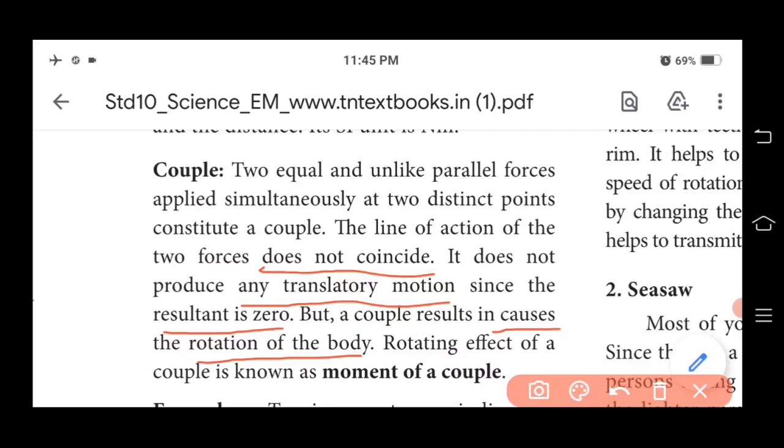Here two equal and unlike parallel forces act at the same time, so the resultant is zero, but a couple causes the rotation of the body.